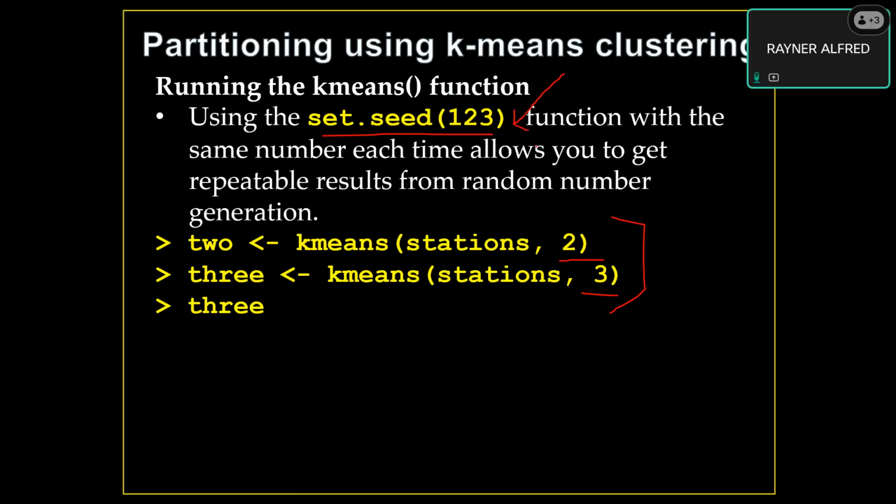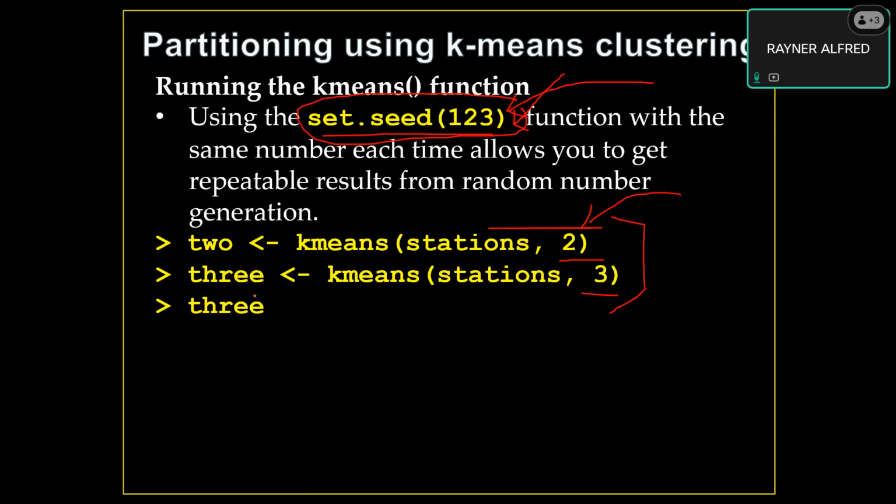So every time you run this clustering 2 or 3, you will get the same starting center. If you don't use this, then every time you run clustering 2, if you run them 10 times, you will get different results. So it depends on your requirement. You may need to fix, or you may not need to fix this one.